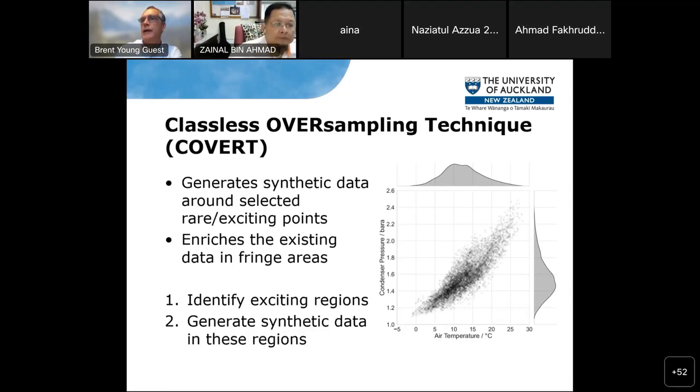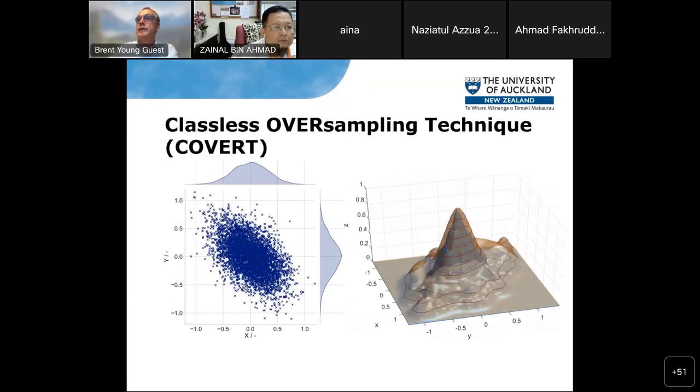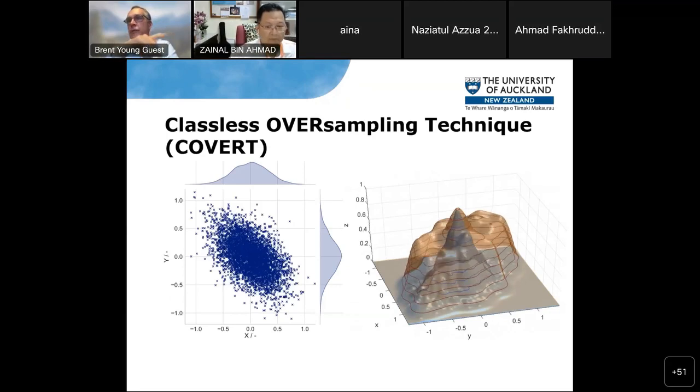The idea is to identify those exciting regions, not go unsafe, but generate synthetic data in those regions. So this is an example, or it shows you a simulation of the technique where the blue represents the original data set and the orange represents the filling in using the COVERT technique.